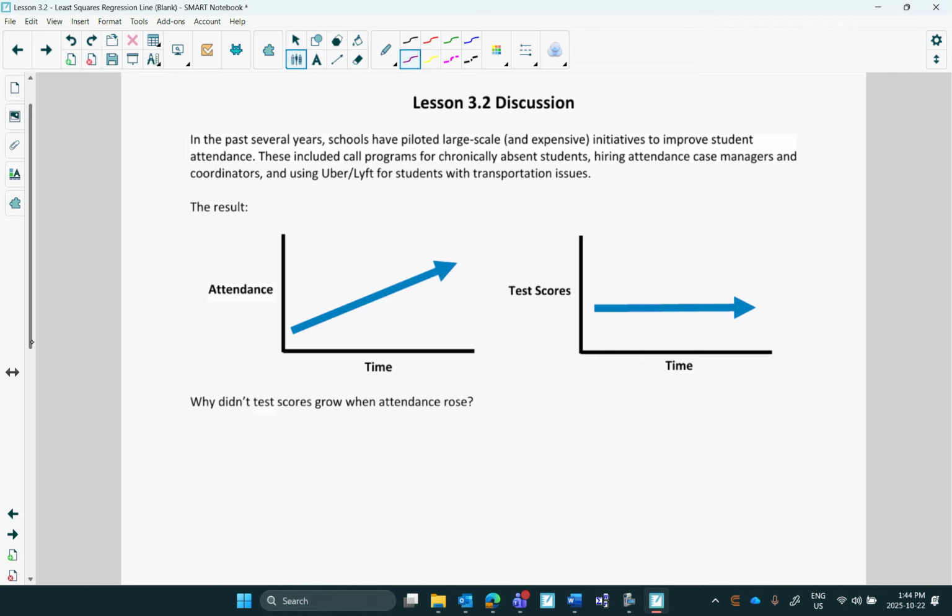Maybe they're not getting the support at home that other students are. Who knows? But clearly there's something else that's lurking, that's causing no increase in test scores, even though the attendance is increasing. Okay.